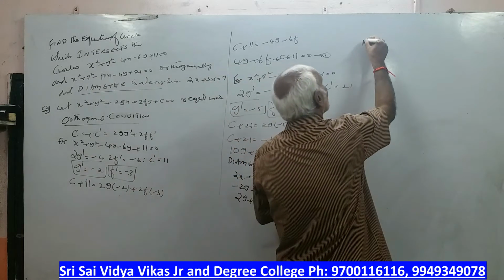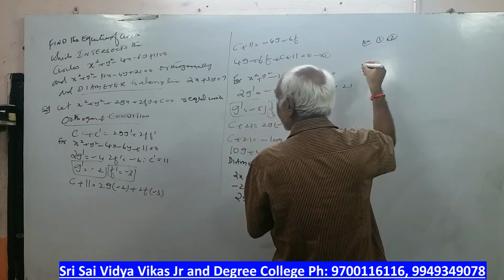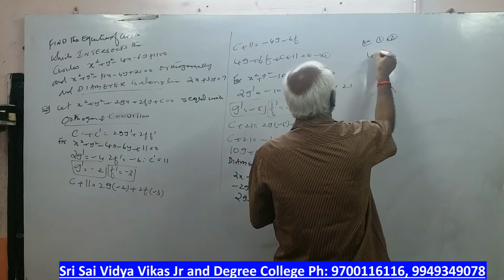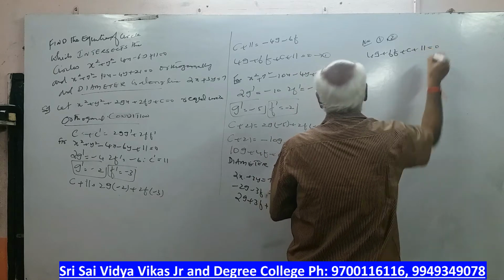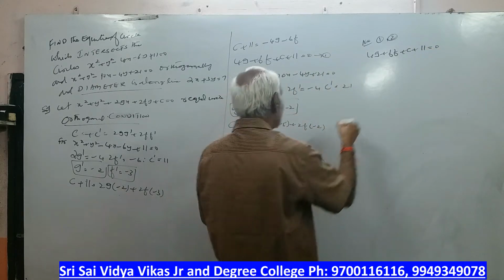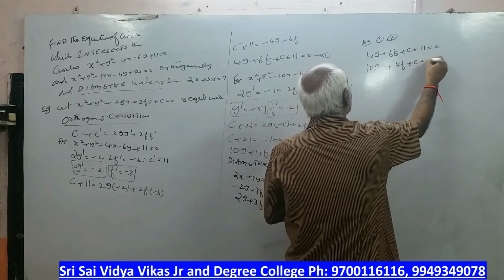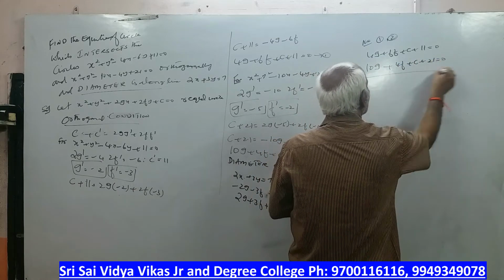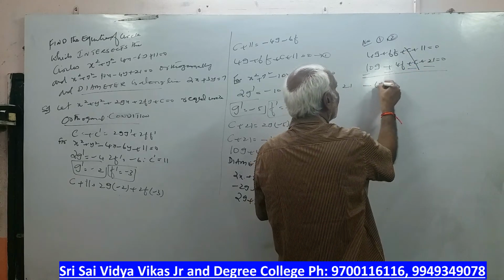Now, first and second. What is the first equation? 4g plus 6f plus c minus 11 is equal to 0. What is the second equation? 10g plus 4f plus c plus 21 is equal to 0. Subtract: c will get cancelled.